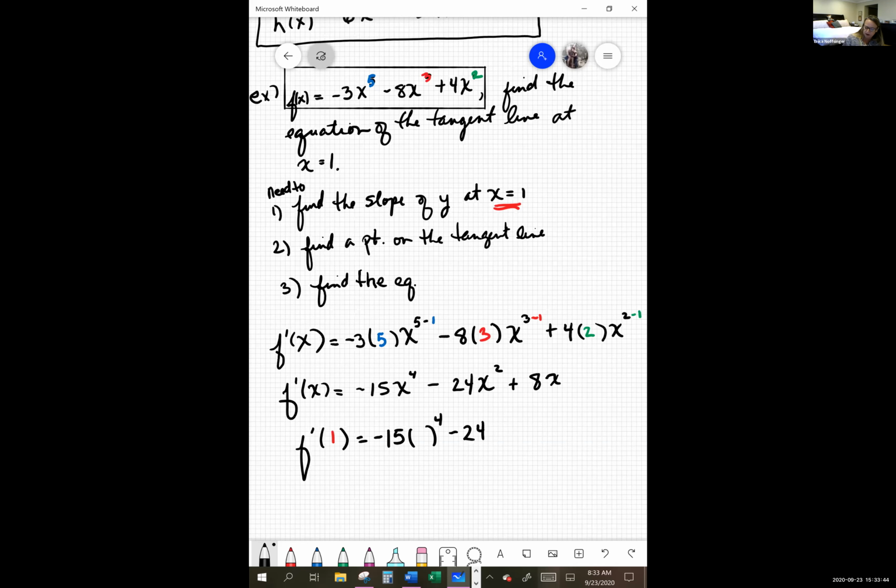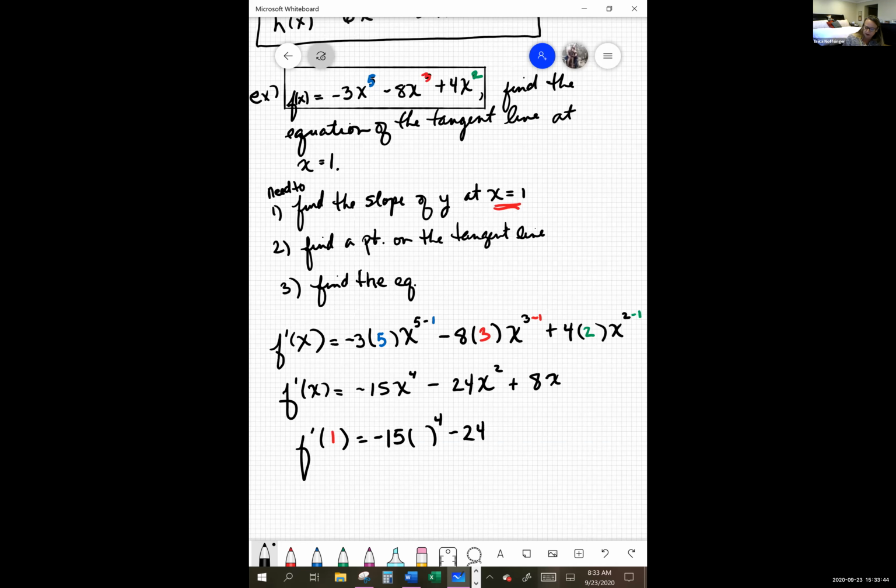We got our equation. Our tangent line is going through that point on our graph of f of x at 1. So we need to figure out what is that point on that graph when x equals 1. And so we want to plug in 1 into the original function. So if we look at f of 1, this is equal to negative 3. You see an x there, put a parentheses, we're going to raise that to the 5th, minus 8.